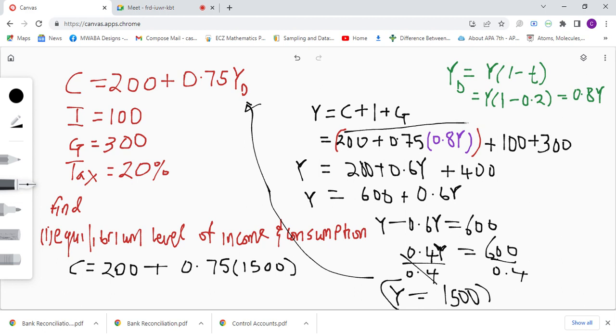Oh, just hold on. We have to also take into account this 0.8Y here. So this 1,500 is actually going to be replaced into this adjusted consumption function. Remember YD equals 0.8Y.